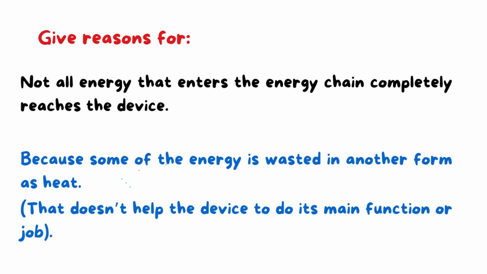This is optional, as you can answer because some of the energy is wasted in another form, and stop there, and if you want to write more, you can add that doesn't help the device to do its main function. But the first part is enough, okay?